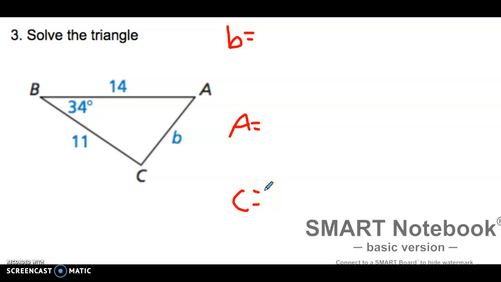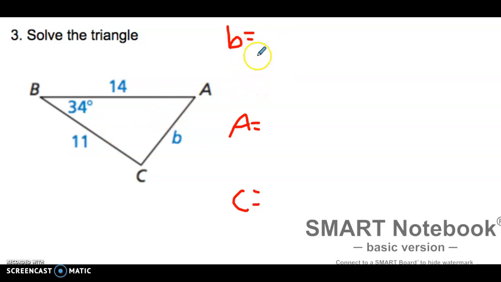You just kind of look at it and pick a point that you feel comfortable with. So I'm going to, let's see, can I do law of sines? Well, I know this angle, but I don't know this side. I know this side, but I don't know its angle. I know this side, but I don't know its angle. So I'm going to have to use the law of cosines.